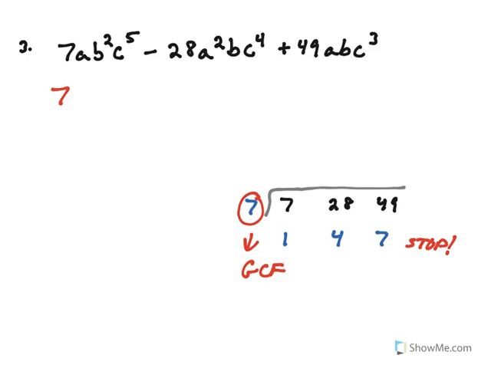And then I look at each variable separately, and I want to choose the one with the lowest exponent. Okay, so I have a, and that's really a to the 1st power, a squared, and an a again over here. Okay, so it looks like I'm going to take out a, all right, because a is the lowest one.